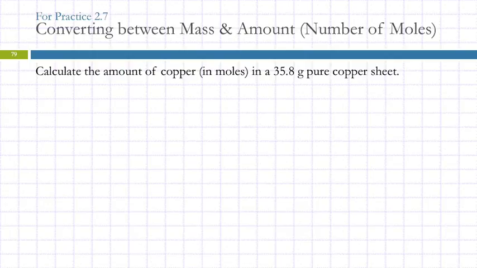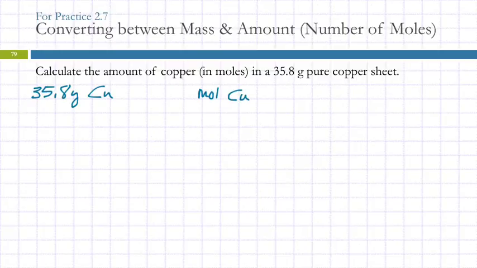So let's calculate the amount of copper in moles in a 35.8 gram sheet of pure copper. So these are dimensional analysis problems. We are given 35.8 grams of copper. And we want to know the number of moles of copper.